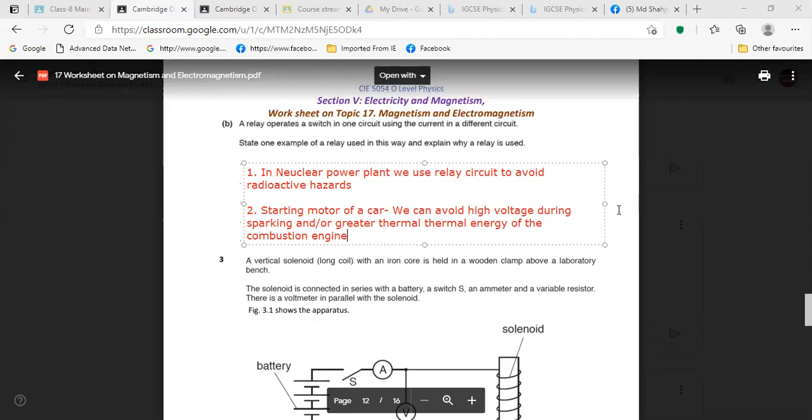How the intruder alarms work, you will know later. When we get the applications of LDR, light dependent resistor, or LED, light emitting diode, at that time you'll get the idea. Is it clear? Yes, sir.